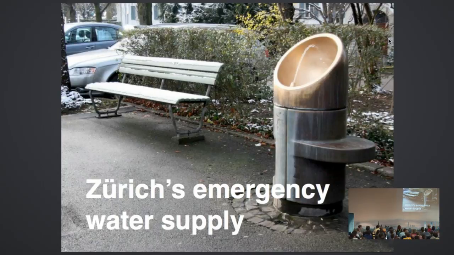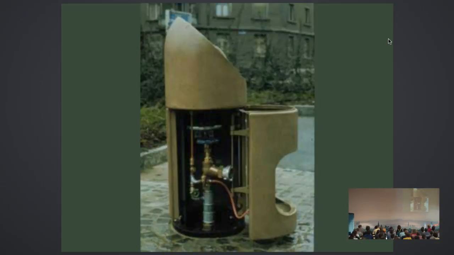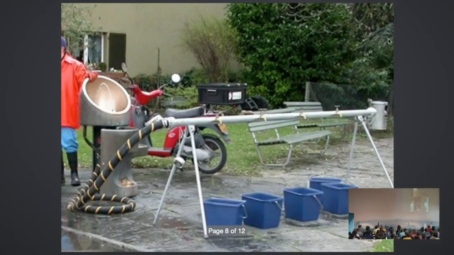And what they actually have, this here is a door, and you can open it, and there is a hydrant in there, and you can attach a whole piping system where people from the neighborhood can come and fetch buckets of water to get to their houses and have water at their homes.